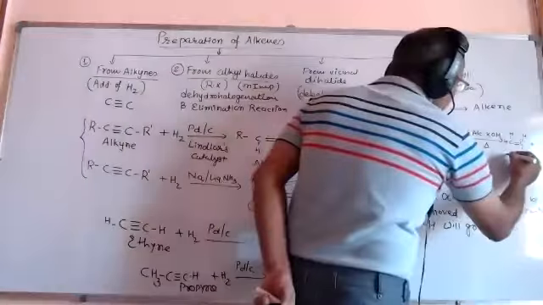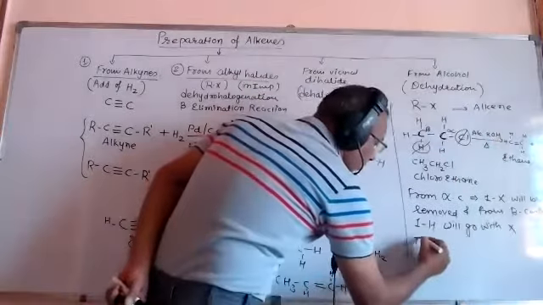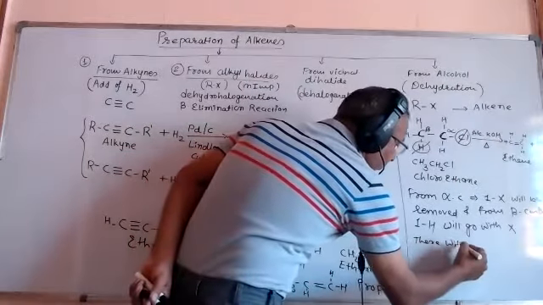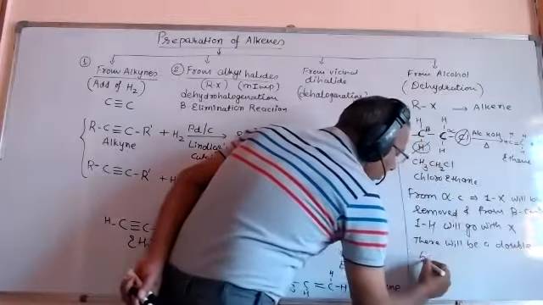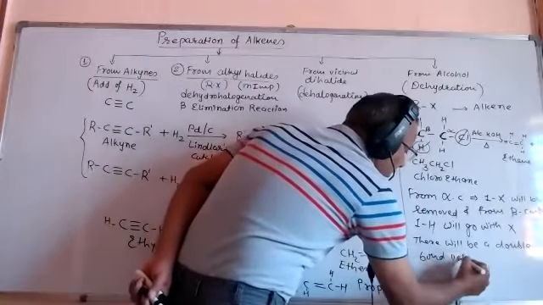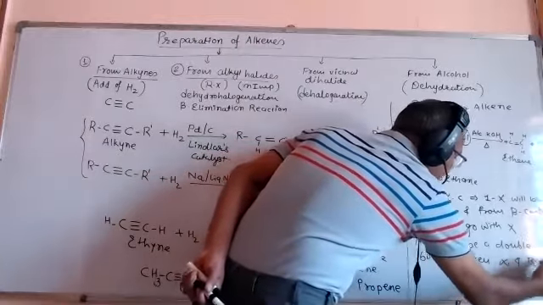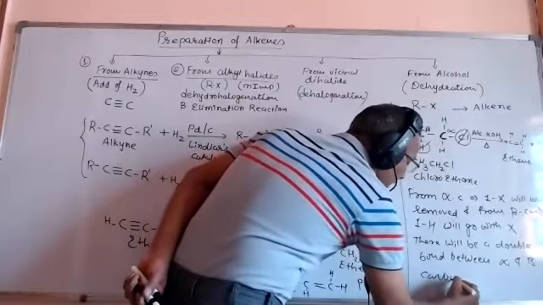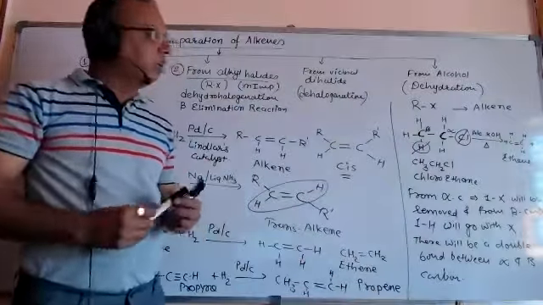So this is ethene, and here you have to write there will be a double bond between alpha and beta carbon. Then, friends, we obtain the product alkene.